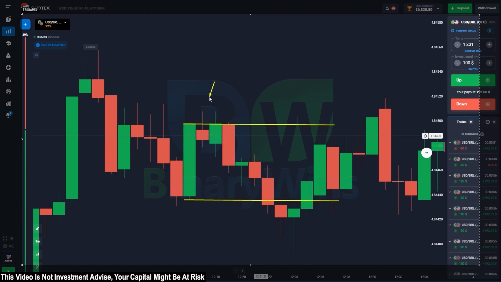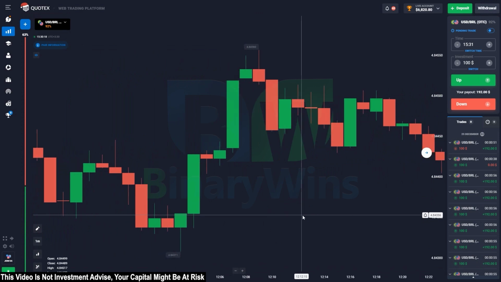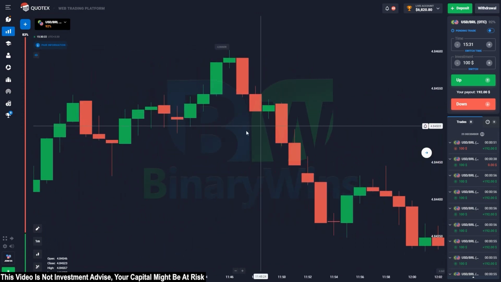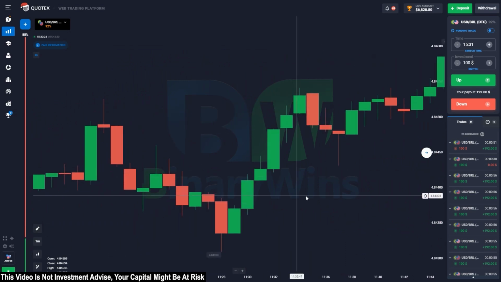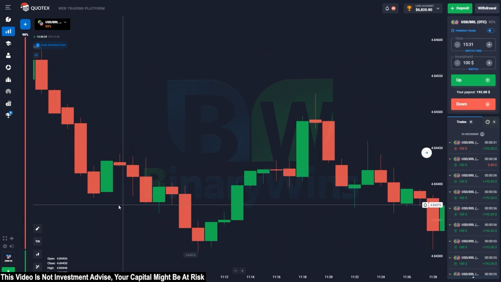The first candle is red, the second candle is green, and the third candle, we could enter a sell or lower position. Be sure to try to find and analyze examples of this pattern in the chart for practice. And this pattern is one of the patterns that is usually repeated in the chart.